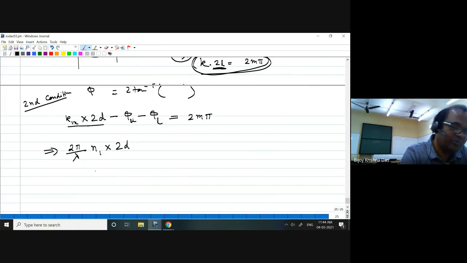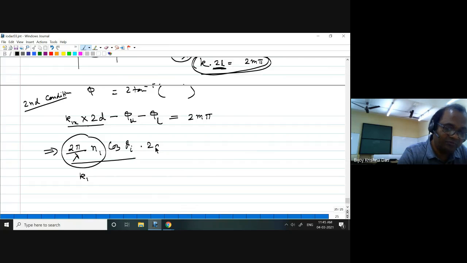Now, in between, what did I miss here? k1x, what is the value of k1x? It has cos theta I. This is actually k1, and k1x means k1 cos theta I, right? And then you multiply by 2d for the round trip, and then you have your phi u, which is also theta I dependent, minus phi l, which is also theta I dependent.